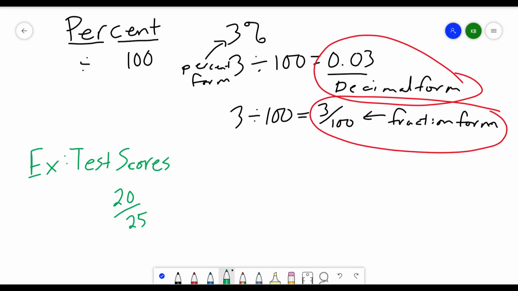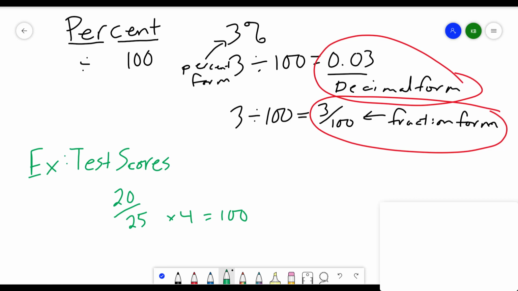So one of the things that you can do is convert it to a percent. In order to do that, you might divide 20 by 25 and go through that long division. You also might notice that 25, if I multiplied it times 4, would be 100.